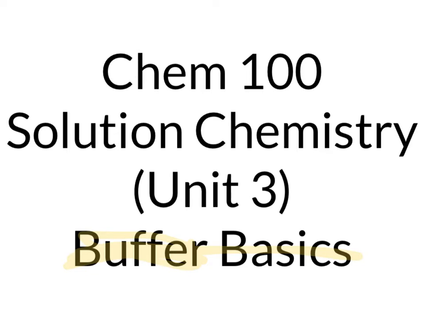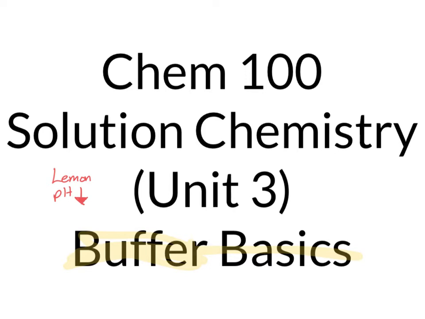Have you heard of a buffer before in regular life? Well, you've probably heard of buffered aspirin. We have buffers in our body that stop us from having big pH changes when we eat a lemon. Lemons are very acidic, so if you were to eat one, theoretically your pH should plummet because you're eating a bunch of acid. But it doesn't happen. That's because there are buffers throughout our body that keep our pH about the same.